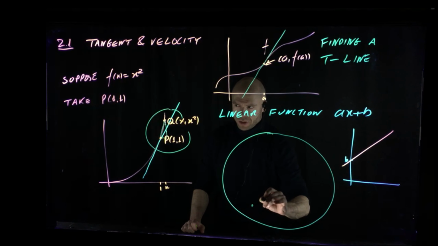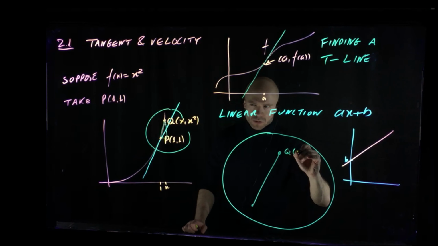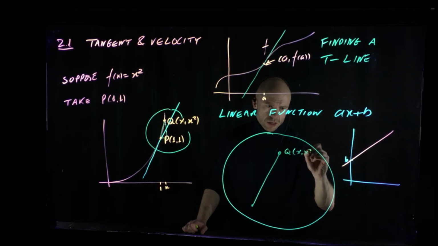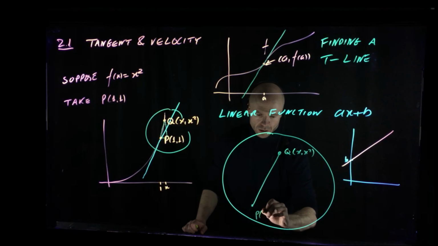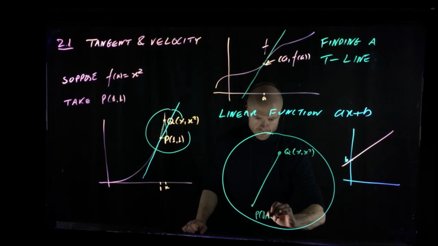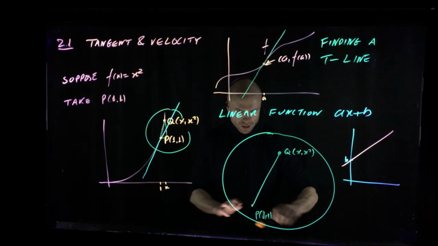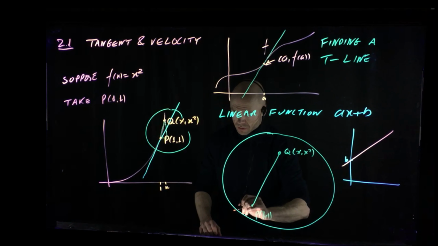We have P over here, and we have Q over here. So Q is x, x squared. This is P, which has got coordinates 1, 1. Okay. And the tangent line is something over here, and what we have is like the graph of the function kind of doing this.